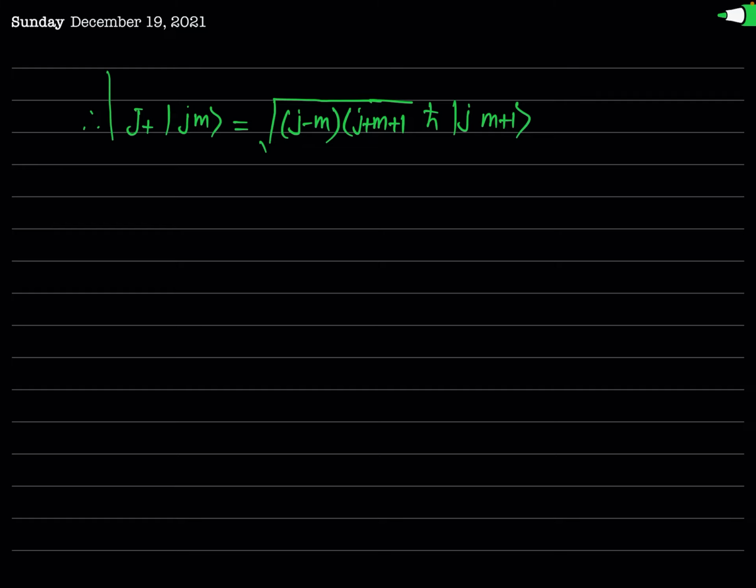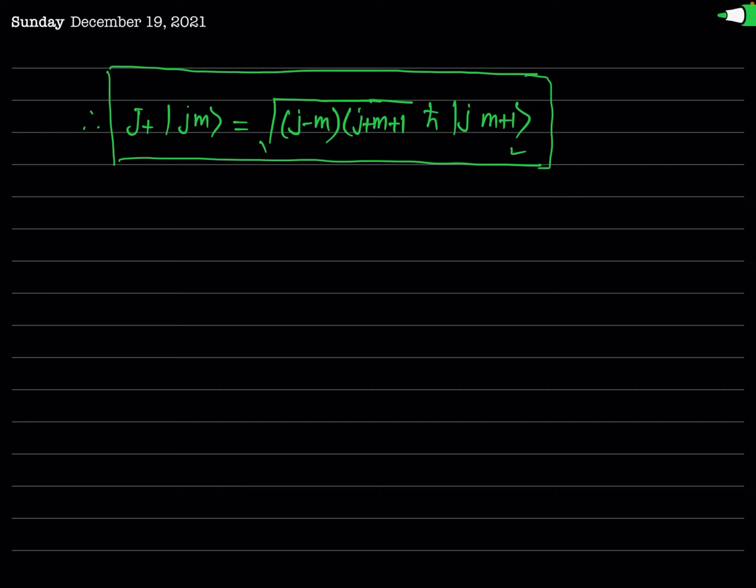So actually this is the new state. When we operate J plus on the state ket J m, we get a new state, and this new state is equal to this much.